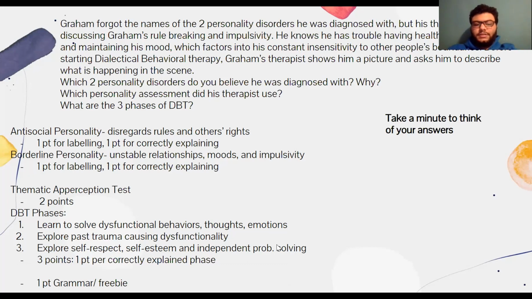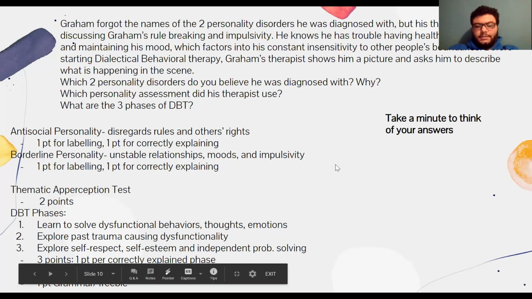So the first step of DBT would be to address the behaviors, thoughts, and emotions that a patient is having, then understanding the underlying causes or the traumatic experience or anything that's triggered all this negative behavior, thoughts, and emotions that the patient is having. And then finally, addressing the person's personality and independent problem solving so that they wouldn't necessarily have to rely on a therapist or anyone to solve these problems for them.